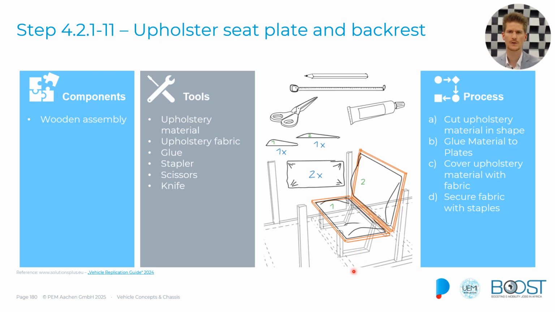And once you've done that, you will cut your upholstery fabric to size, wrap it around, and then you can staple it to the wooden planks, and therefore you have your upholstery ready.